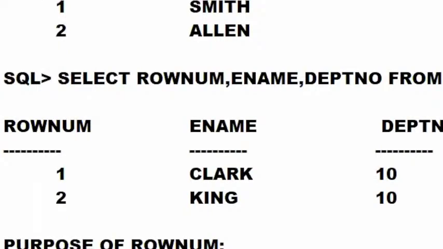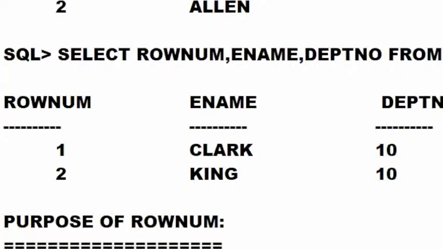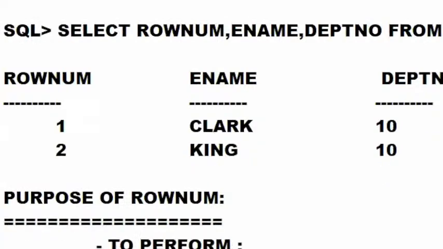One is to perform top n operations, and the next one is to find nth positions. These are the two things when you want to work on table data: to perform top n operations, or to find the nth position of rows.